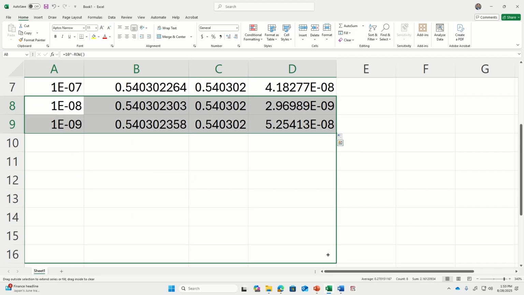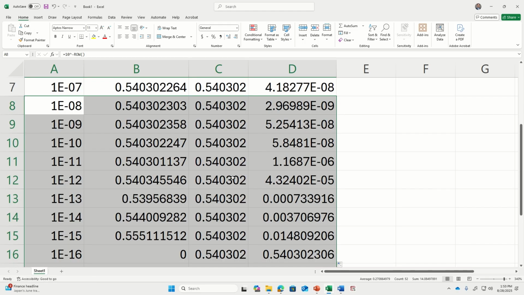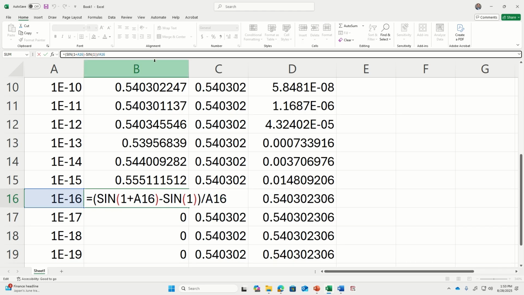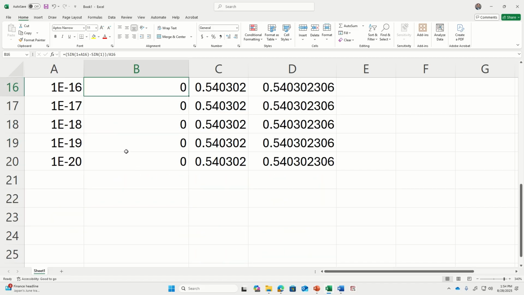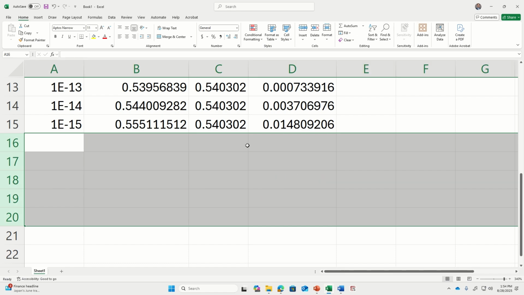And we'll keep going until we get a problem. That seems to be a problem for some reason. I don't know why it gave up. It's just telling me 0. That's obviously not right. So let's get rid of these rows. And here we go.